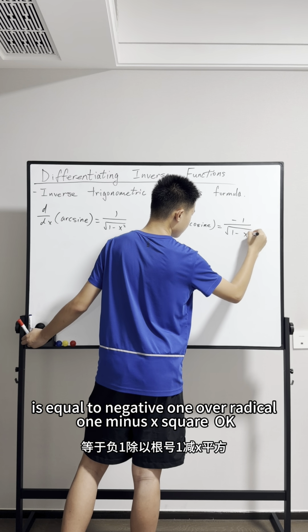Now, these two proofs are rather easy for us. It's different from previous videos where we start with the definition of derivatives. We are just going to approach this derivative straightforwardly. First, we start with the basic equation for y.